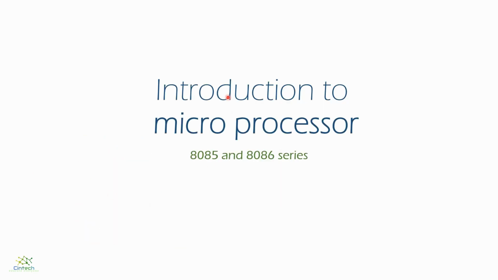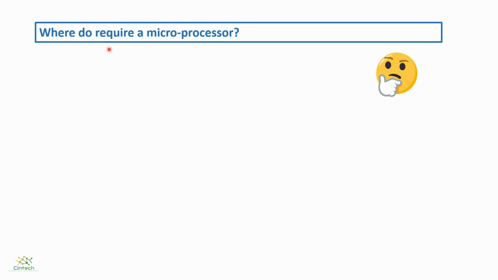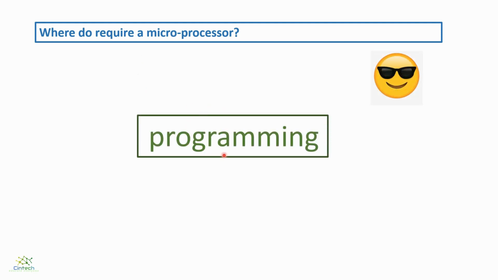In this session, we are gonna look at the basics of microprocessor. Now first of all, let's be very clear about it. Where we require a MUPI, let's call it MUPI for simplicity. We require a MUPI wherever we need programming.